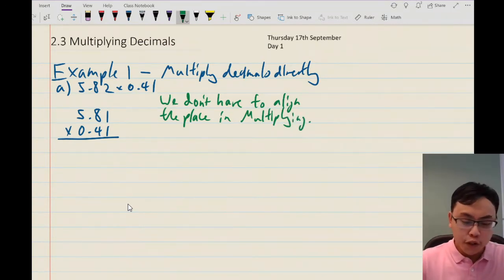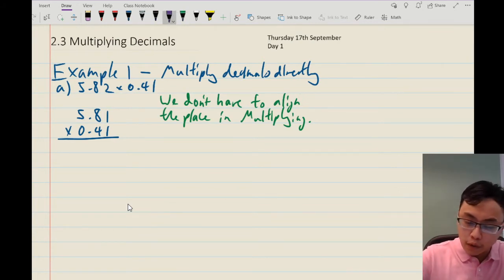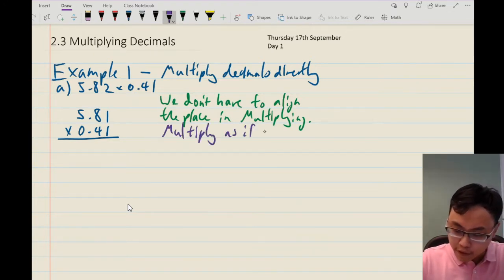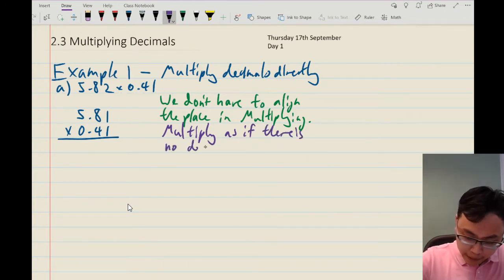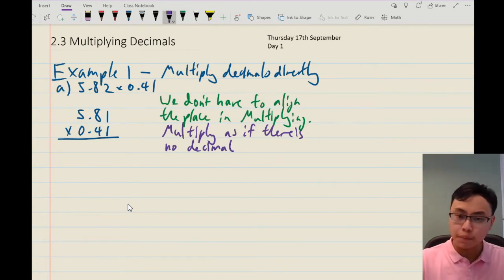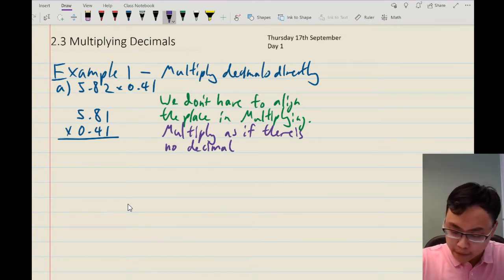And so we can treat this as if there is no decimal at all. So we treat it like a 2-digit multiplying or 3-digit multiplying, no decimal at all, okay?